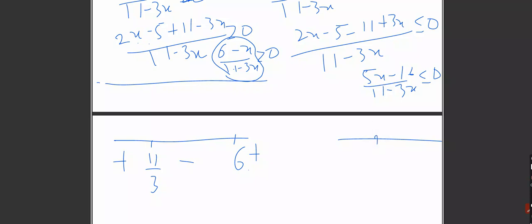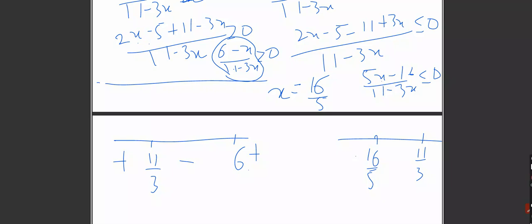Similarly for this, now 5x minus 16, which means x is equal to 16 by 5. Now this particular value 16 by 5 is 3.3333, and 11 by 3 is 3.6666. So this will be on the left hand side of 11 by 3.